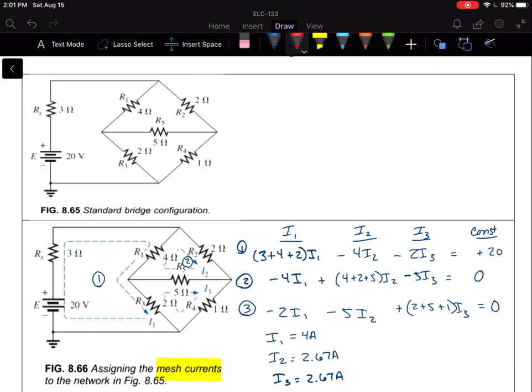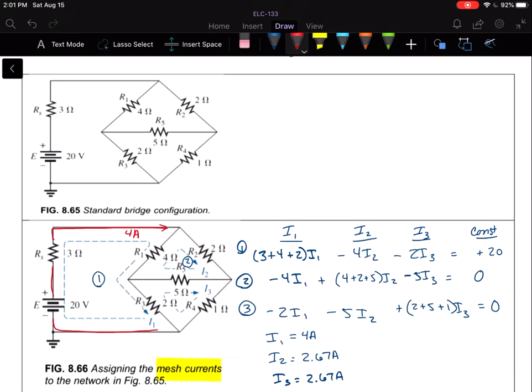Well, I1 is all through here. It's on the outside of this mesh. So this is my 4 amps right there. It's not the current through R1 and through R3 because R1 has some current from the I2 branch, and R3 has some current from the I3 branch. So the 4 amps is not going to be the same there.